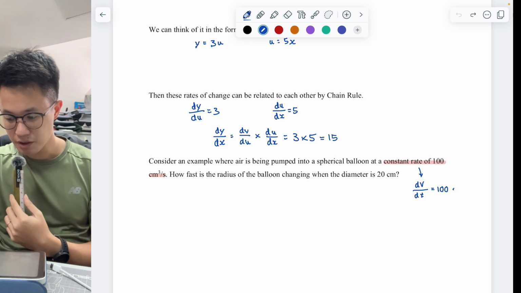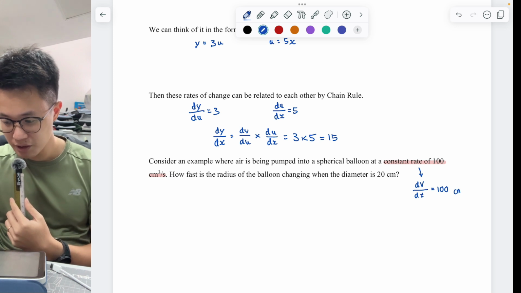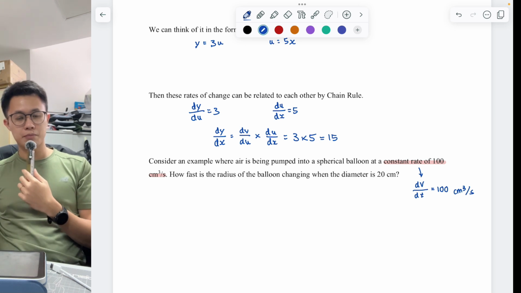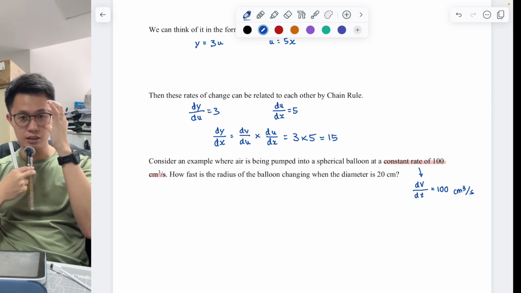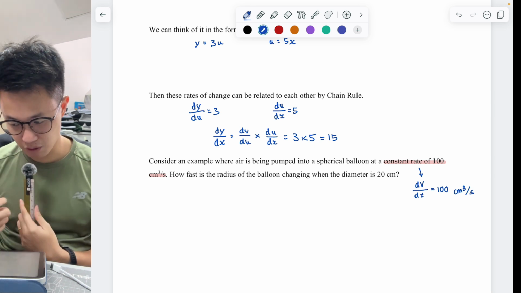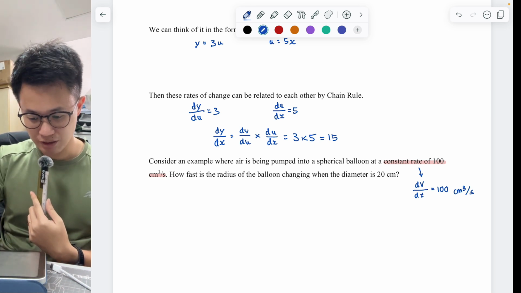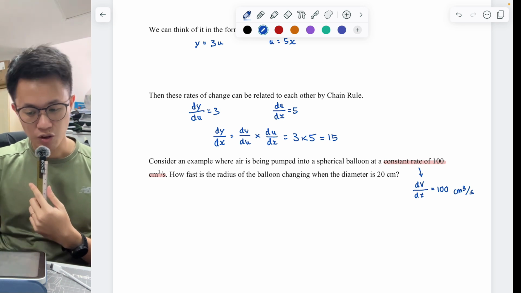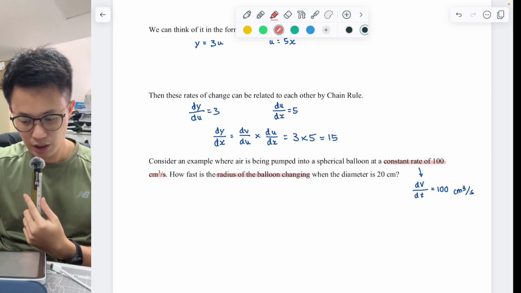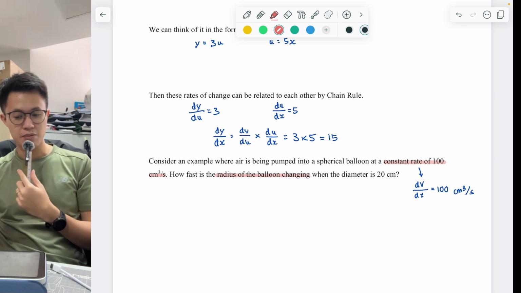Makes sense, because the units give us a clue that the volume is being pumped at 100 cm cubed per second, which means dV over dt equals 100 cm cubed per second. Now, how fast is the radius of the balloon changing? It's definitely changing with respect to time.